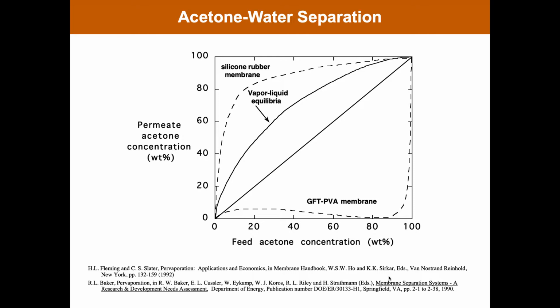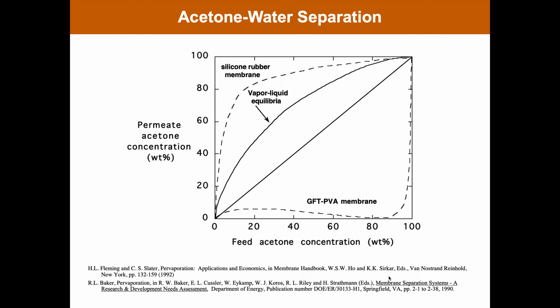On the other hand, if what you wanted to do was extract the water from this mixture, so this would represent taking the acetone off in the permeate as the desired product. If you wanted to extract the water in the permeate, you could use a hydrophilic membrane, and look how it changes the VLE plot here.